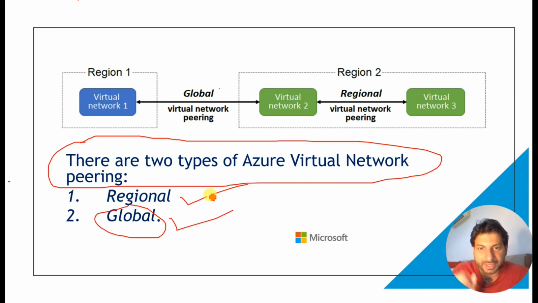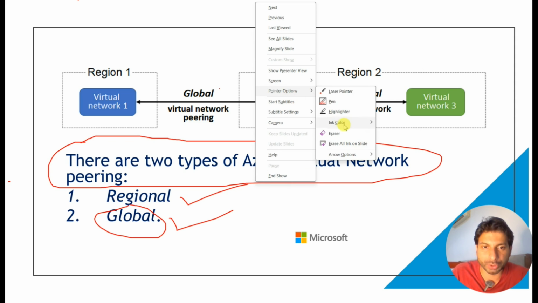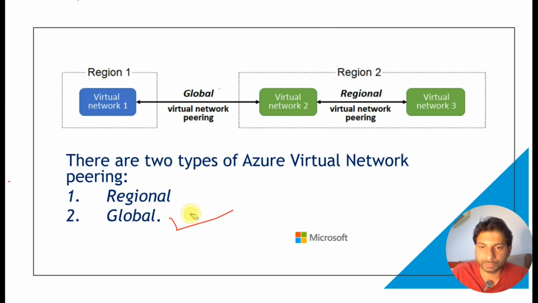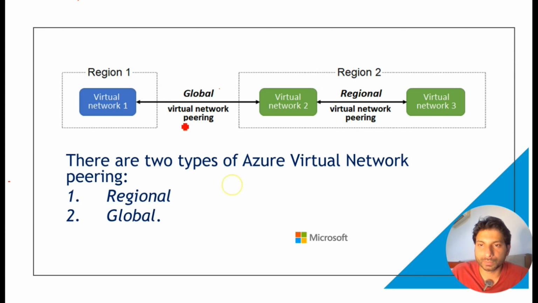The other one is regional peering. So let us try to understand with the help of this picture. Here in this picture, we have region 1 and region 2, and we have a virtual network in region 1 and virtual networks 2 and 3 in region 2.